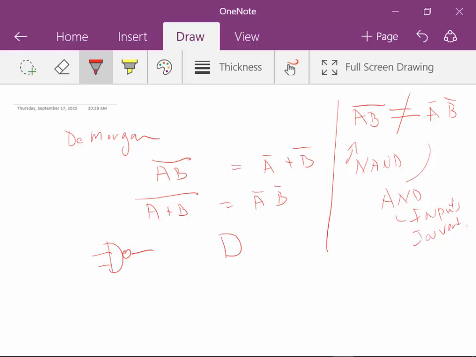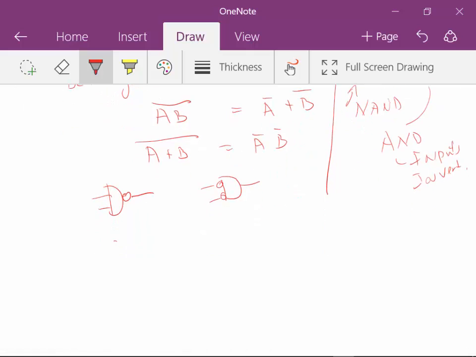This is the same thing as showing an AND gate with inverters on the input right there. So when we look at that right there, this is the same thing as showing a NOR gate right there. This is the same thing as showing an OR gate with bubbles there.